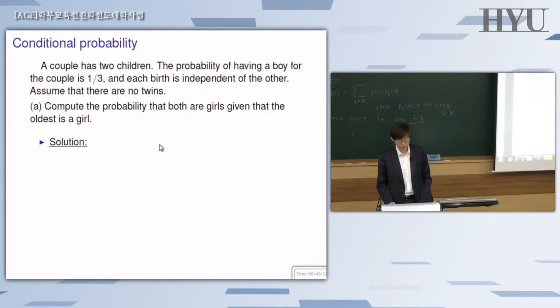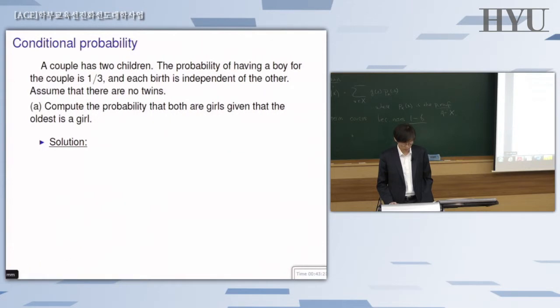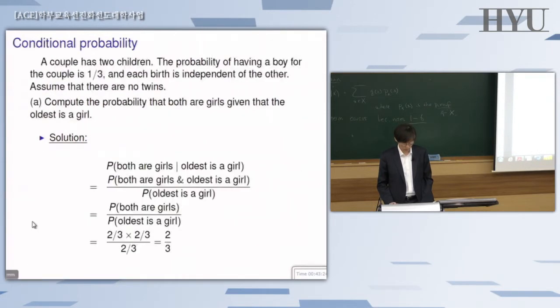So for conditional probability, first state the definition. P of A given B is nothing more than the ratio of the probability of A intersection B to the probability of B, which is the conditioning part. So if you do it, you get this.